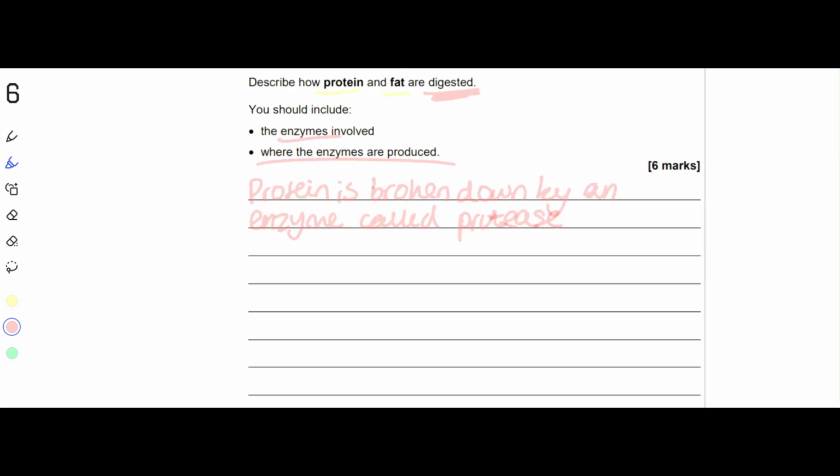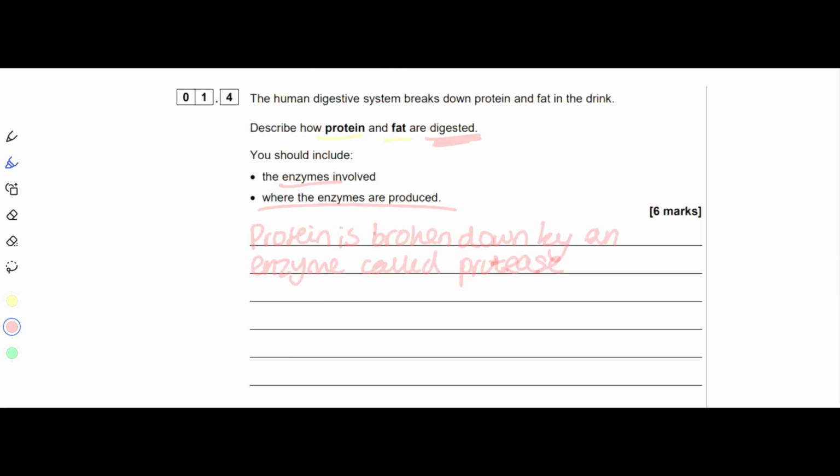So by an enzyme called protease, and then what would you say after? You have to say which breaks down this protein, and what does it turn into? Protein into amino acids. So you are already getting marks there when you say what is digested into.